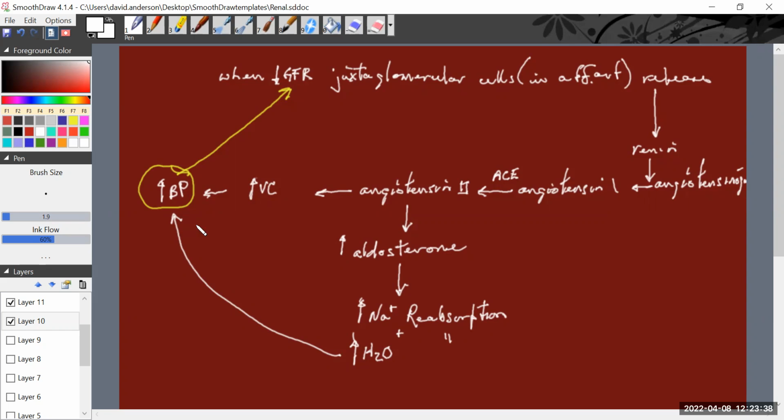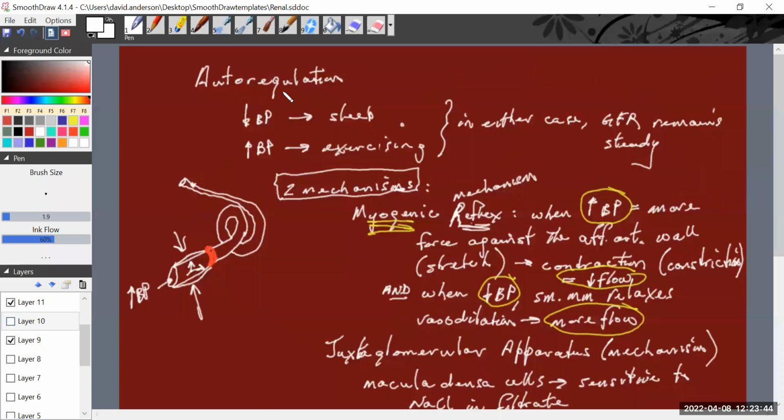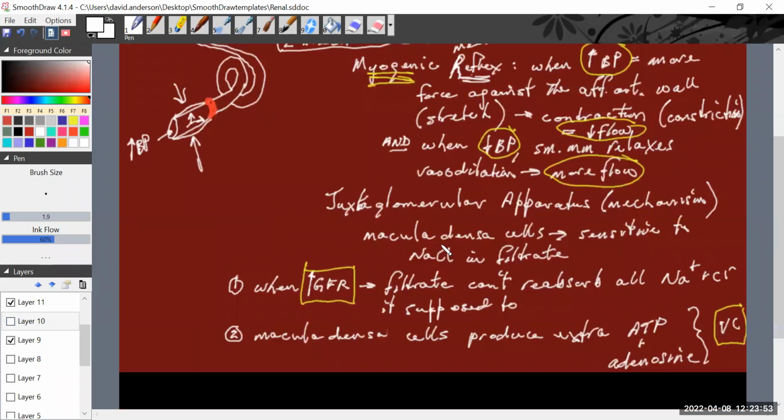Okay, so those are the two mechanisms you want to be able to describe and talk a little bit about when we talk about autoregulation: the myogenic reflex and the juxtaglomerular apparatus. Within the juxtaglomerular apparatus, we have two groups of cells that have different responsibilities.